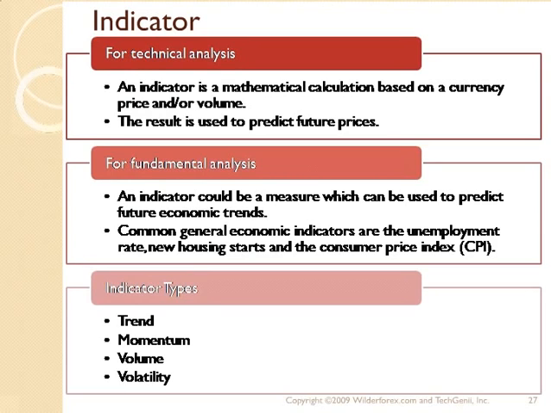The result is used to predict future prices. For fundamental analysis, an indicator could be a measure which can be used to predict future economic trends. Common general economic indicators are the unemployment rate, new housing starts, and the consumer price index or CPI. There are four indicator types: trend, momentum, volume, and volatility.